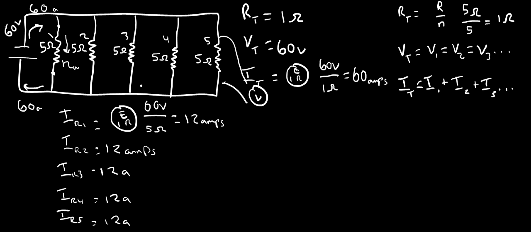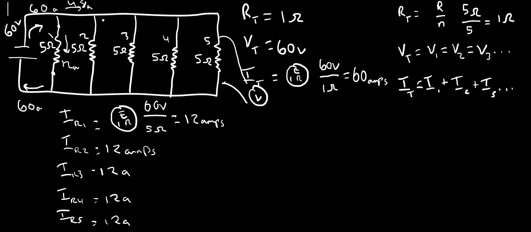But here's what I want you to see: when 12 amps comes down this resistor, it is taken from 60 amps. So do a subtraction to see how many amps you'll have left over going through this leg of the circuit. 12 amps subtracted from 60 amps gives you 48 amps.